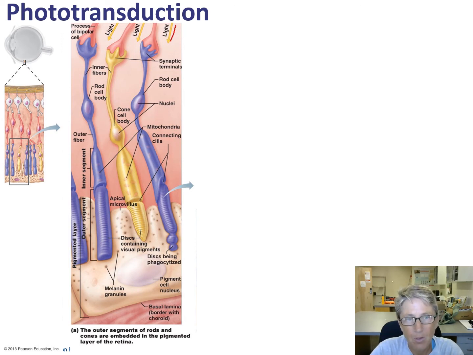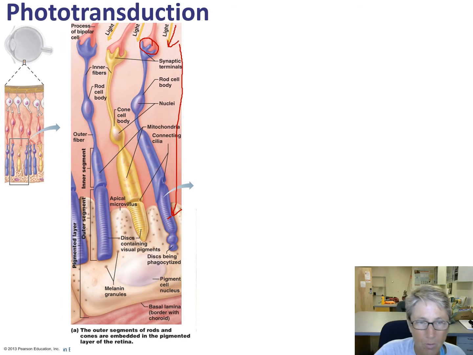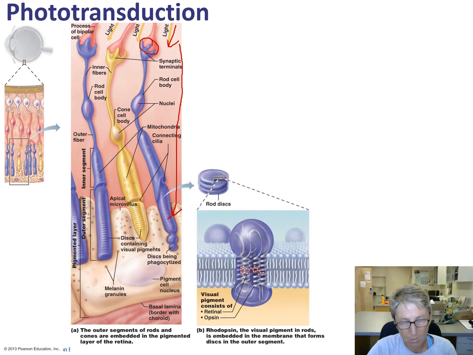So the light comes in, light waves travel all the way back to the outer segments of rods and cones. This is where the biochemistry is going to be happening. And then you'll get a graded potential in the rods and cones. They'll synapse with these bipolar cells, which do a graded potential. Bipolar cells synapse with ganglion cells. Ganglion cells do action potentials.